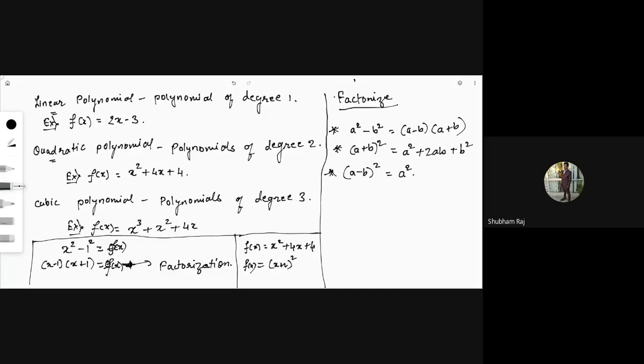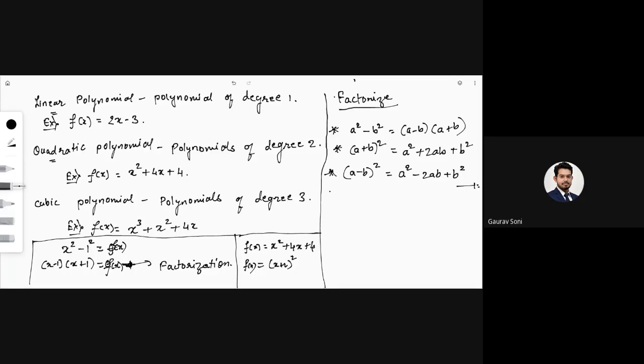No. Sir, a square minus 2ab plus b square. Yes. So it is a square minus 2ab plus b square. Okay. So these are the small factorization formulas that you have seen for degree 2.